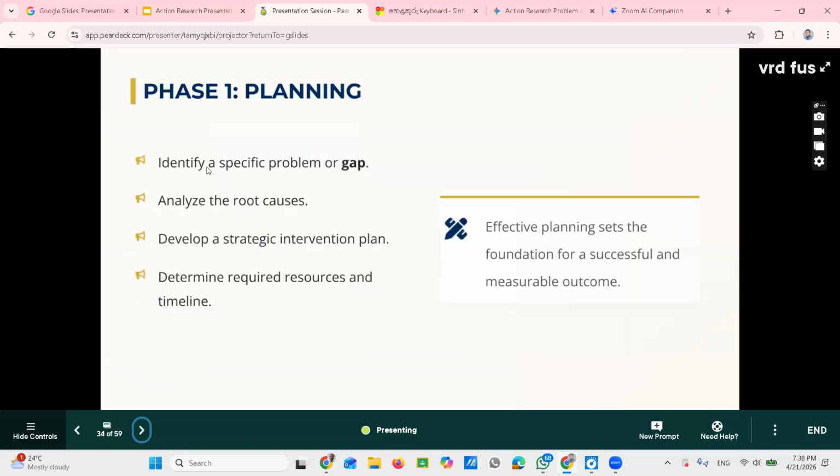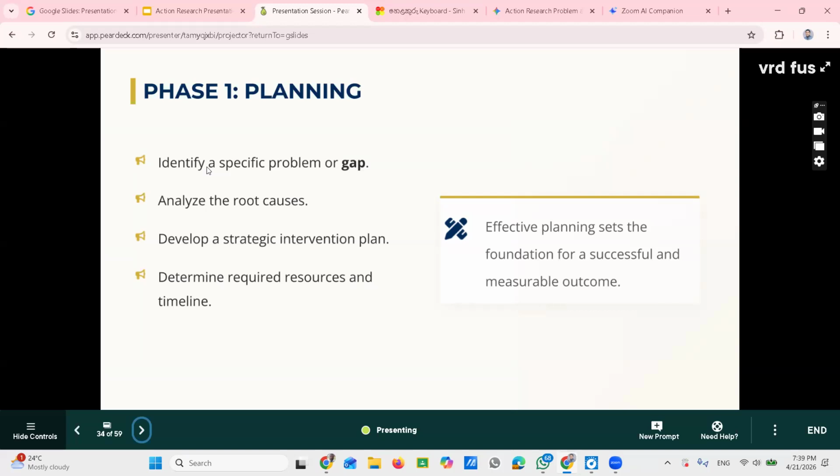Here it defines the things you want to do under planning. Stage one: first it says identify a specific problem or gap. This is the place where you identify your specific problem. By observing or by reflecting, there are many methods to identify problems, and later we'll discuss the available methods.